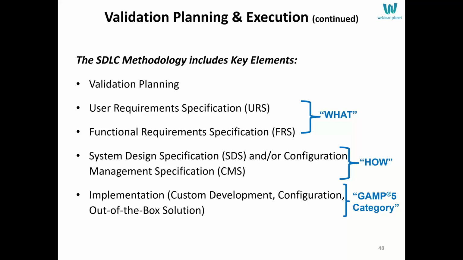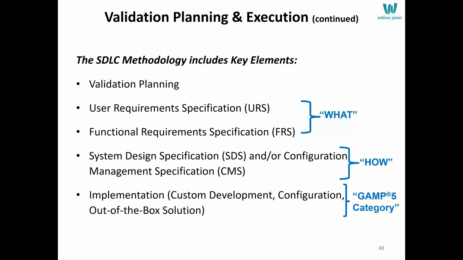Your user requirement specification is at a very high level in business terminology. It's the user, the subject matter expert, explaining what they intend to do with the system. What is their intended use? It should be high level, and then that should be broken down into individual functional requirement specifications or elements in the FRS.